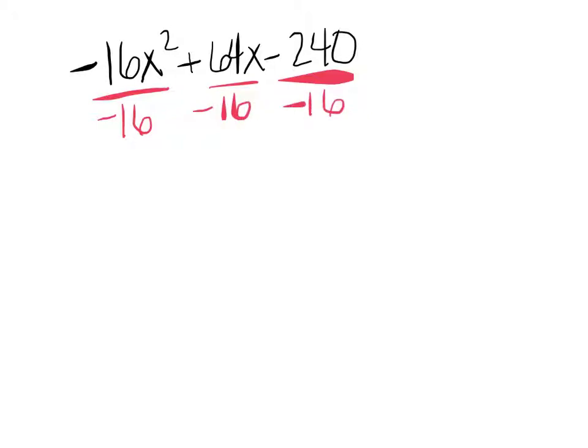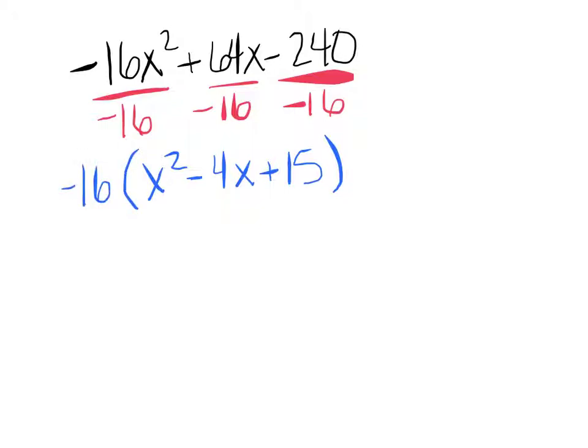So then we are left with x squared minus 4x plus 15. Divided everything by negative 16. We need to keep that negative 16, but we can focus on what's on the inside. That's just one of those basic trinomials. What multiplies to be 15 and what adds to be negative 4?